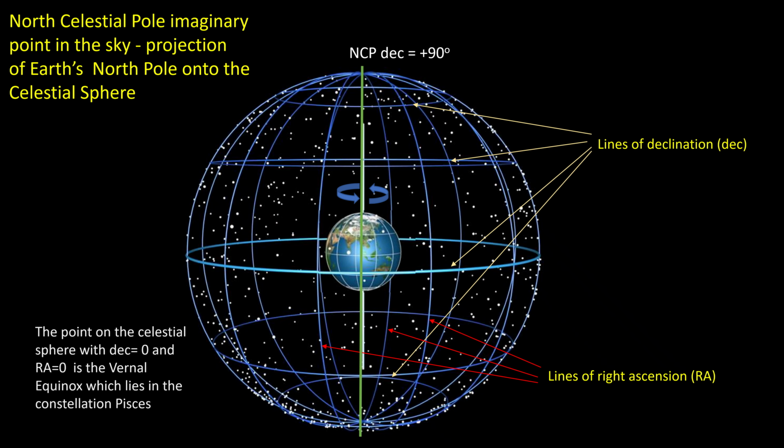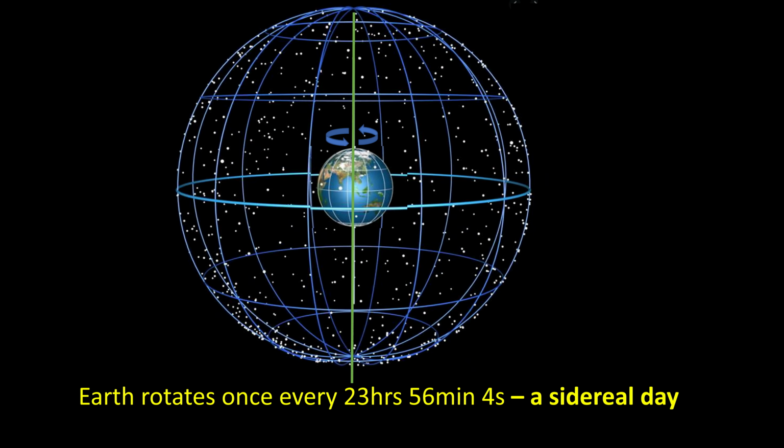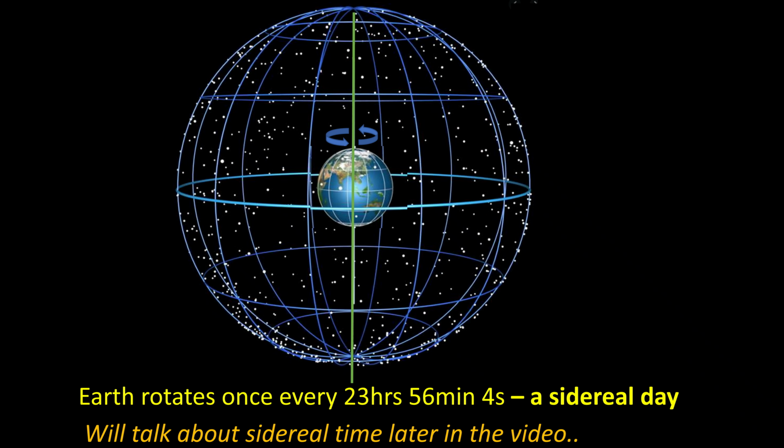The Earth rotates once every 23 hours, 54 minutes and 4 seconds, and that period of time is known as a sidereal day and is slightly shorter than the 24-hour day, which is based upon the rising and setting of the sun.